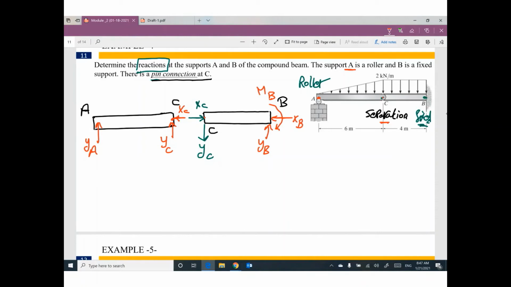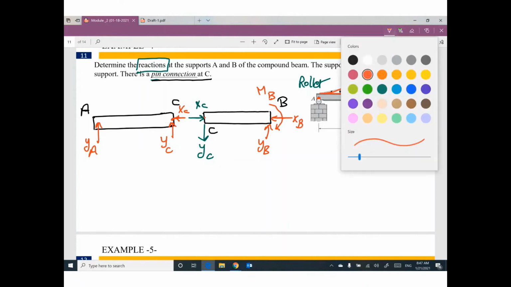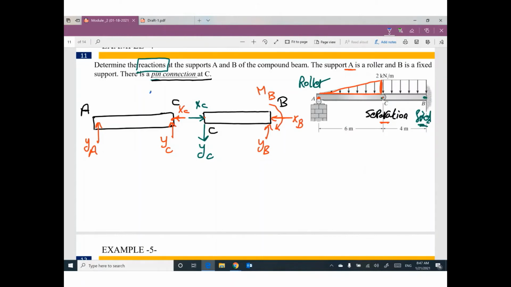We have distributed load. On this part, we have right angle triangle. So I will have equivalent here. How much? One half times this length 6 times this height 2. So your value will be 6.